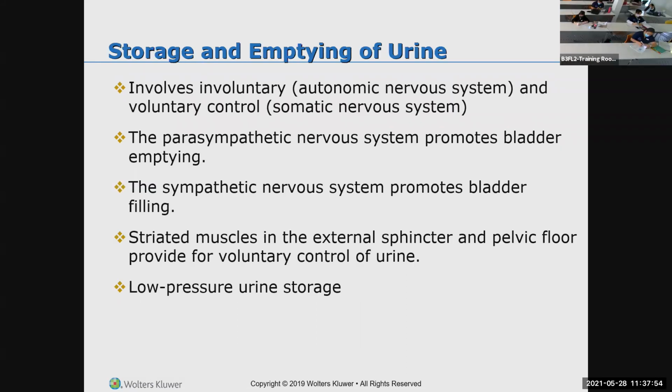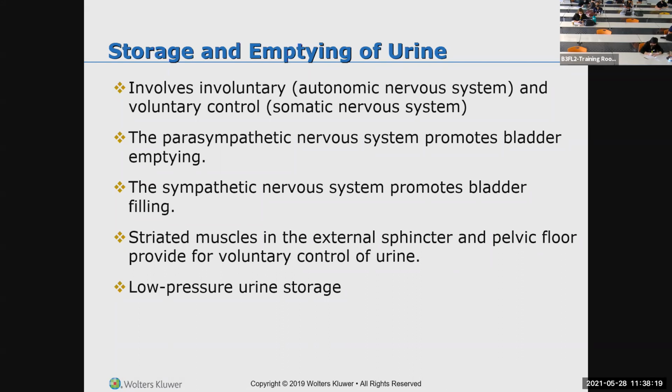Now, in the urinary bladder we store urine: the storage and emptying of the urine. The storage function involves, number one, involuntary control, which is my autonomic nervous system, and voluntary control, which is my somatic nervous system.